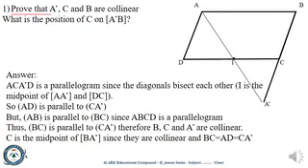Part 1 of this exercise. Prove that A prime, C, and B are collinear. Now, to prove that 3 points are collinear, you have two ways to do so.